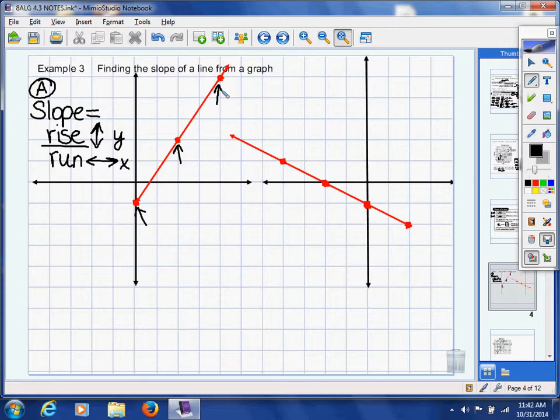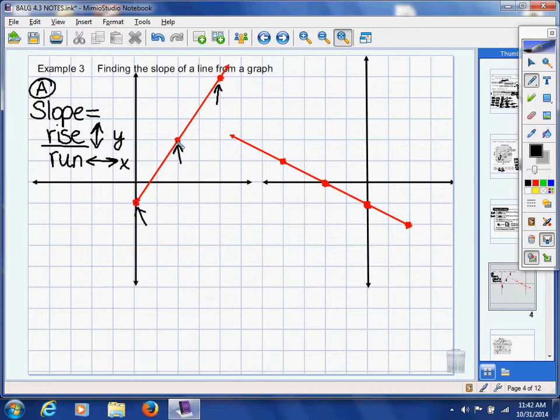So let's pick a point. I'm going to start down here at this bottom point where my pencil tip is. Hopefully that showed up on the video. And the name of this point is (0, -1). I don't really need to know the name of that point. I'm just telling you so we're all at the same place. And so what I'm going to do is go to this next point above it.